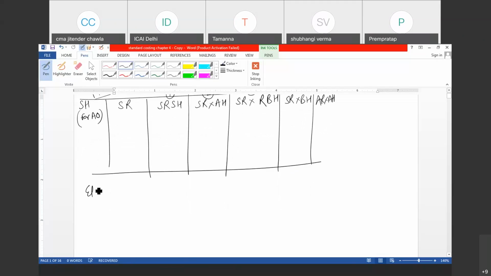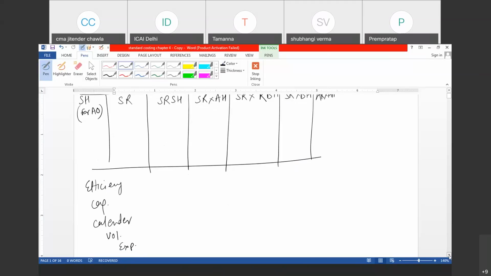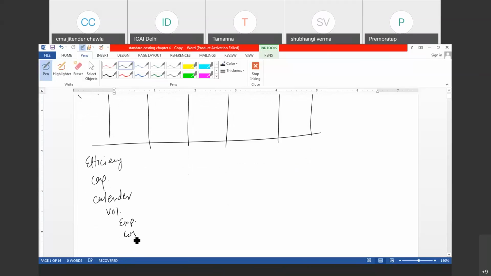So again, we have to calculate efficiency, capacity. Now new variances, calendar, volume, expenditure, and the last one is cost.